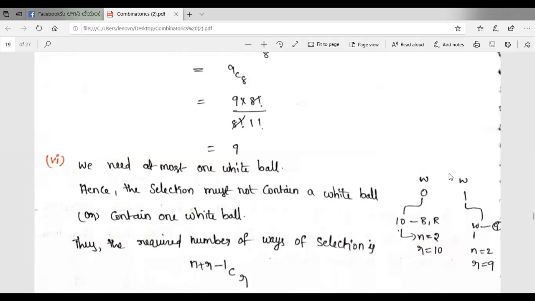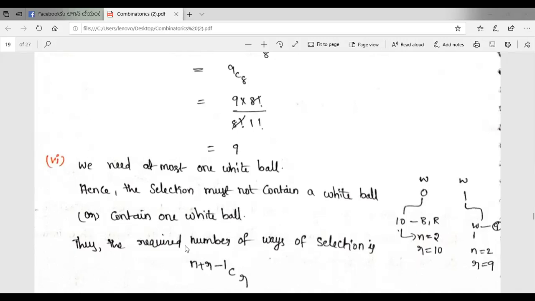If a white ball is present in that selection, that is, the selection has one white ball, the remaining balls are 9. We select these 9 balls from the remaining boxes, that is blue and red. So the number of objects is 2 and the combination is 9. So these are the 2 cases.